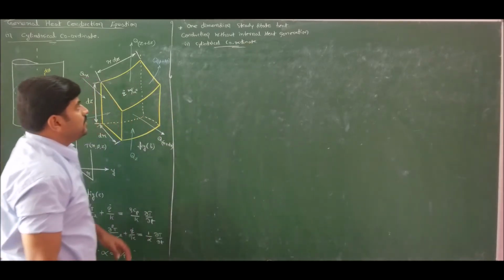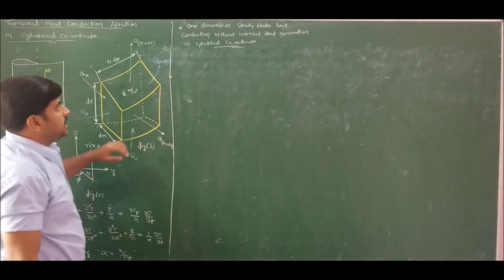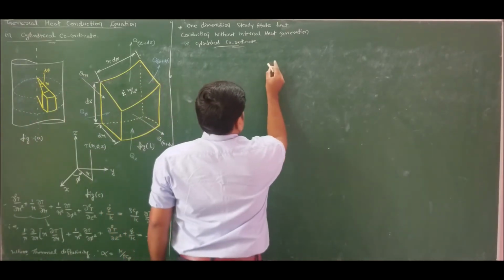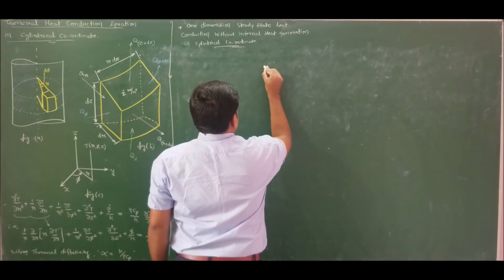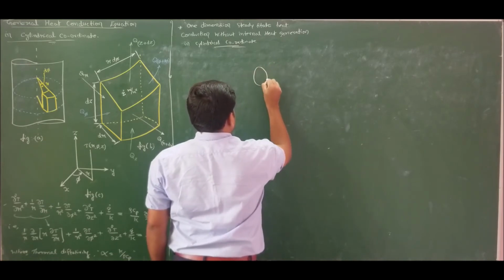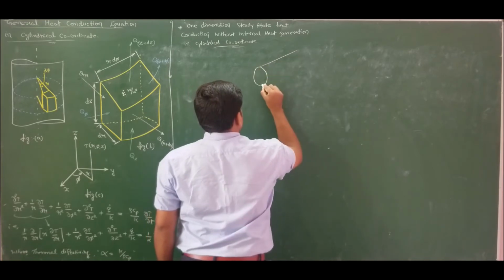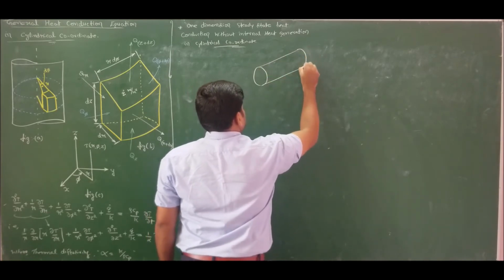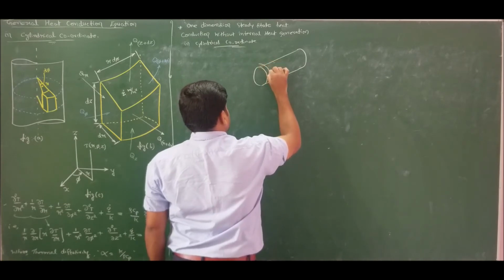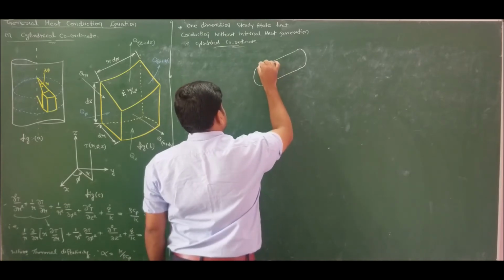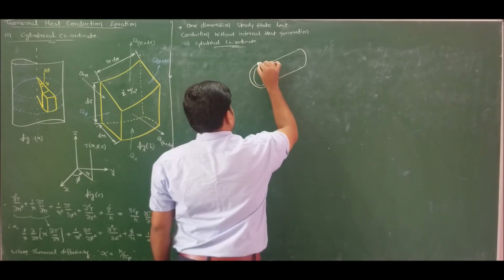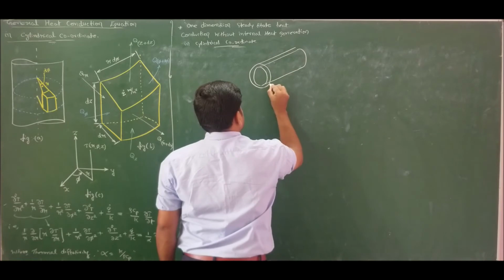So now to analyze one dimension steady state heat conduction without internal heat generation in cylindrical coordinate system, let me consider a cylinder like this, a hollow cylinder having thickness T like this.